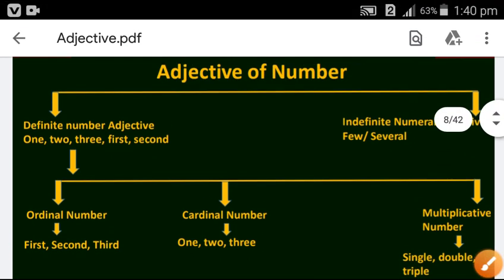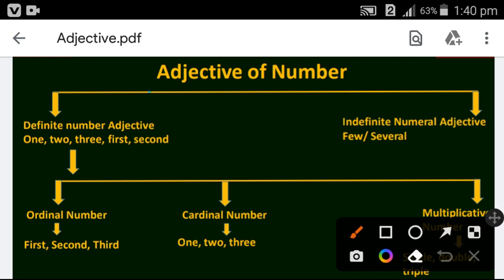First, adjective of number is further classified into two groups: first, indefinite numeral adjective, and second, definite numeral adjective. What does it mean?